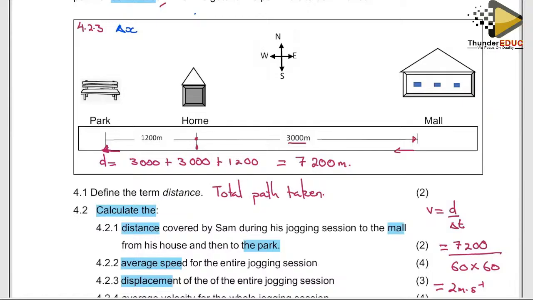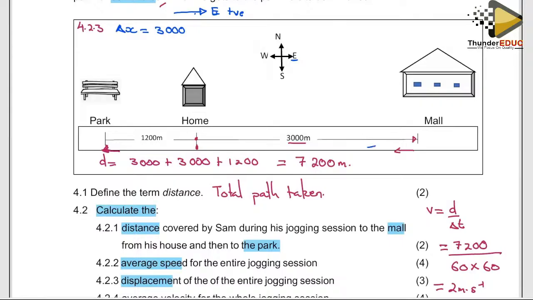I'll take going to the right, or east, as positive. The first time that he took his jog, he headed towards the east, and he jogged for 3,000 meters. Then he went back, so he passed his home.